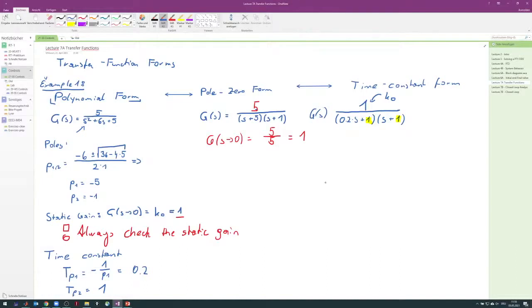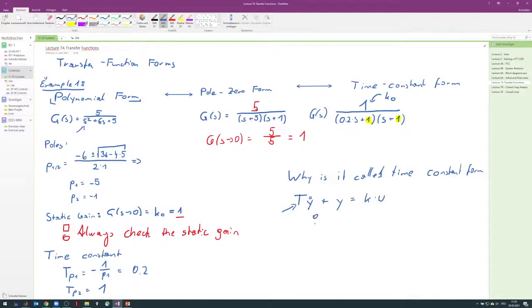So why is it called time constant form? Well, consider a PT1 transfer function like this. We said here we have the time constant, right, this is your time constant.